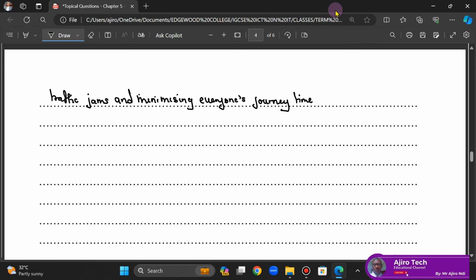So they can adapt, looking at the traffic, to ensure that the journey time is reduced. You don't stay hooked up in traffic.